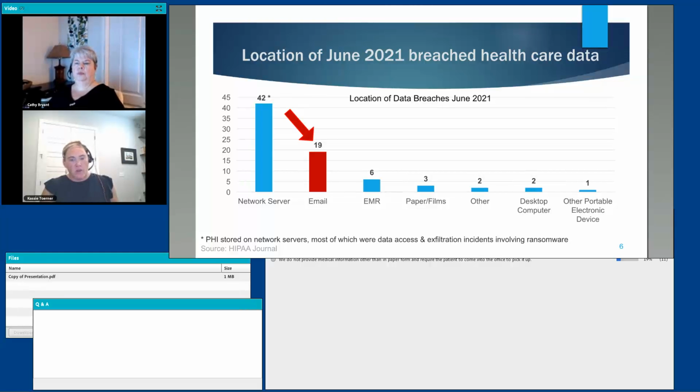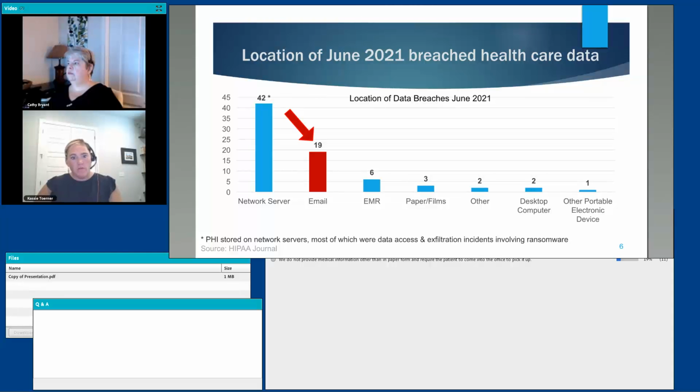That's quite a difference from back in 2012, when this data was starting to be collected. About 4% were driving the breaches in the form of email. So you can see a significant increase in hacking, especially around email, which is why we were hopeful that this topic would be meaningful to you today.